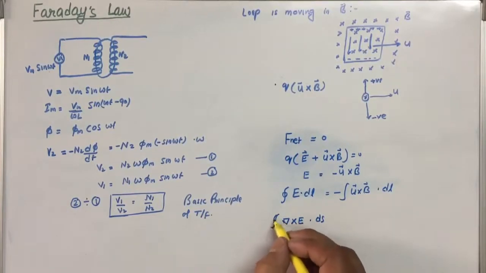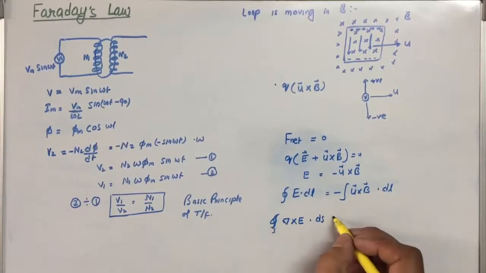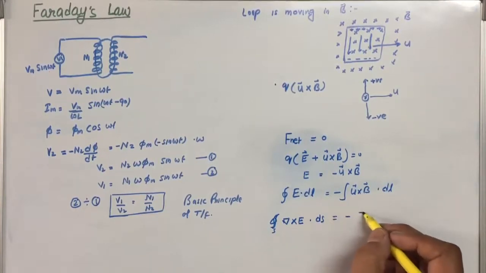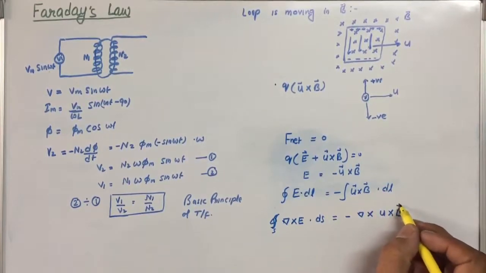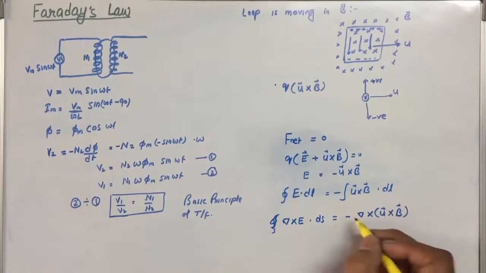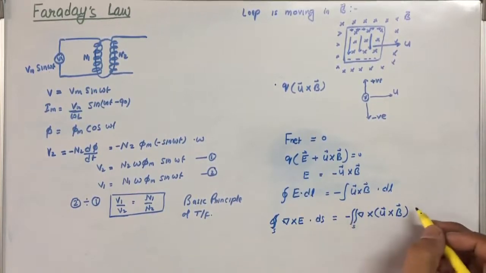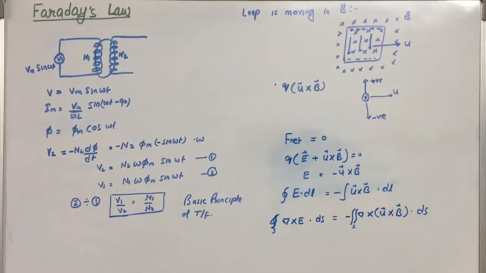This is a surface integral, and it will be equal to minus del cross U cross B dot ds. So from here we find one identity: the curl of E will be equal to minus del cross U cross B.